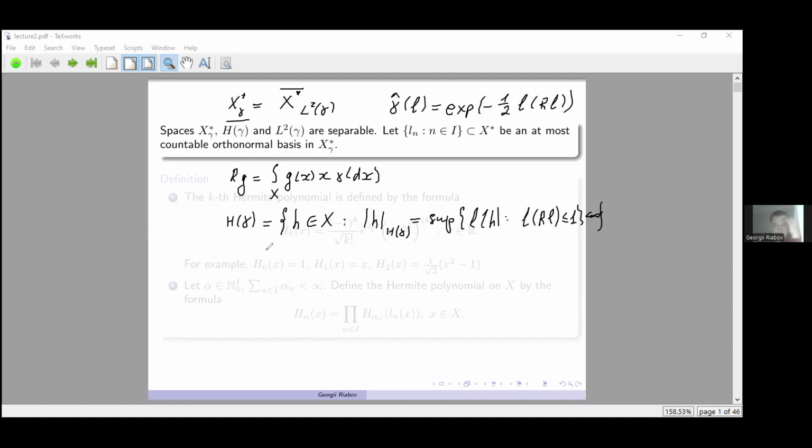And also we proved that actually this space coincides with the range of R.